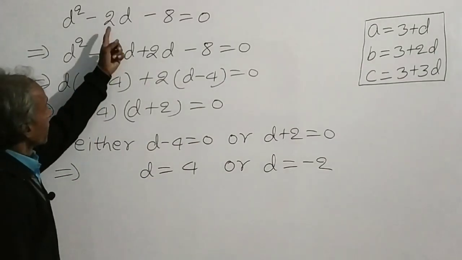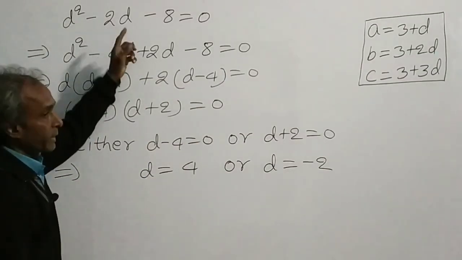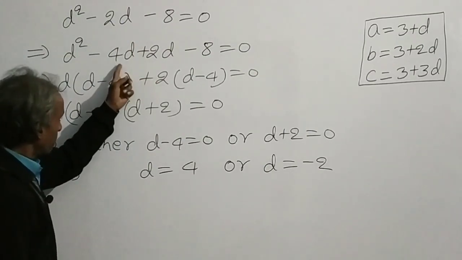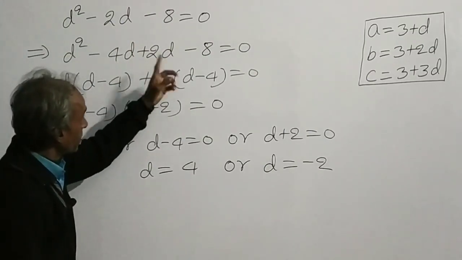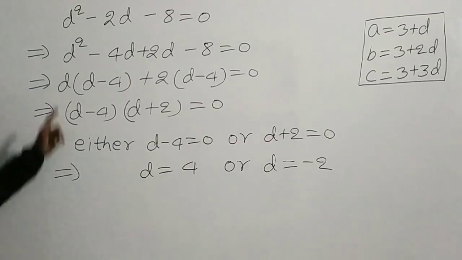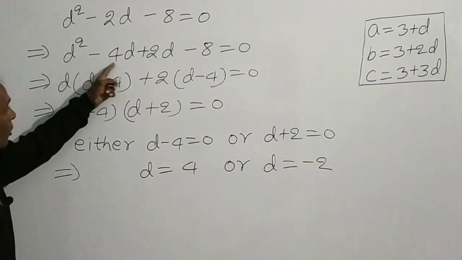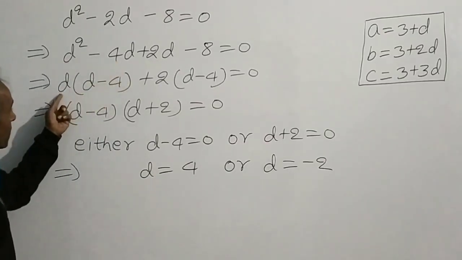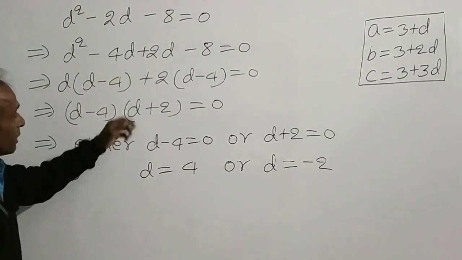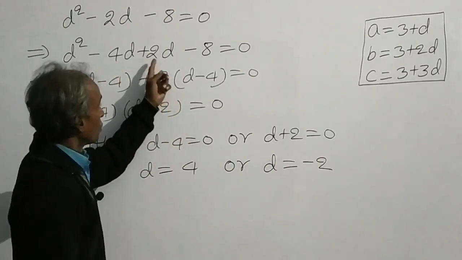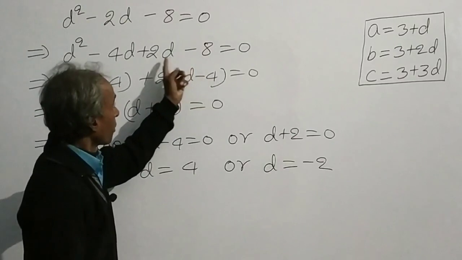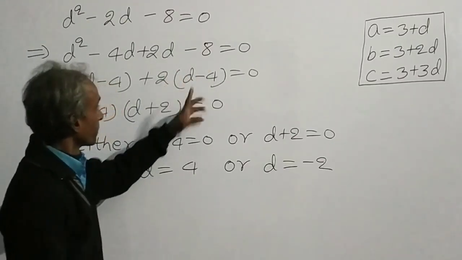We write this minus 2D as minus 4D plus 2D. Take D common from D square and minus 4D. Then we take 2 common from these two terms.